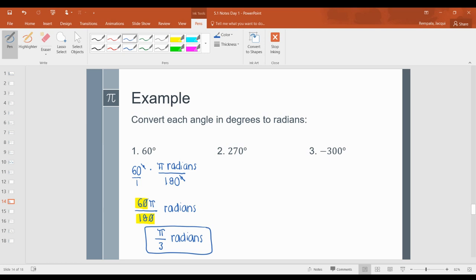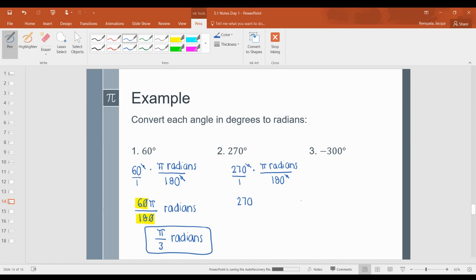Okay, let's look at the same idea, but now I have 270 degrees. Once again, I start with 270. That gets multiplied by a fraction where, if I want radians to solve for, I want the radians on the top, which means the 180 that is equivalent to it, that degree, goes on the bottom. When I think about this as over 1, so I can multiply fractions straight across, degrees on the top and degrees on the bottom cancel.